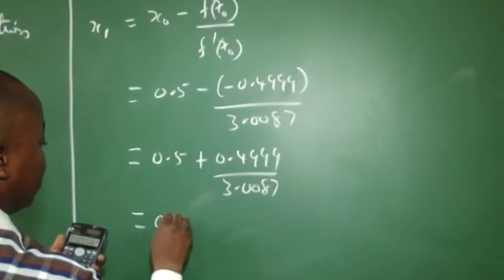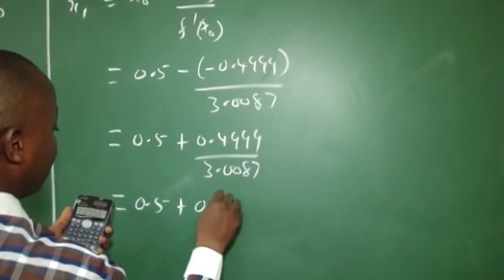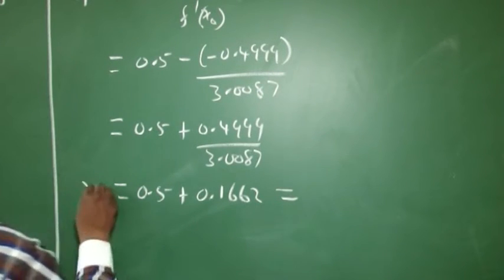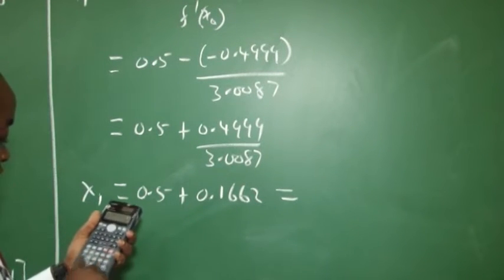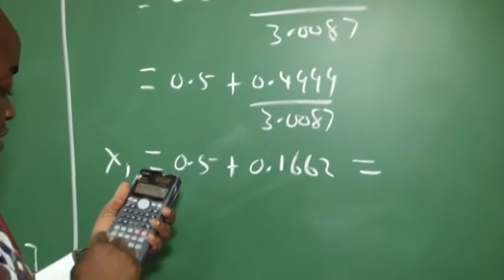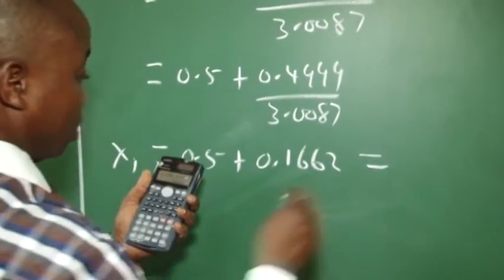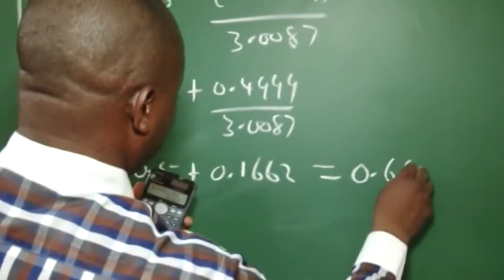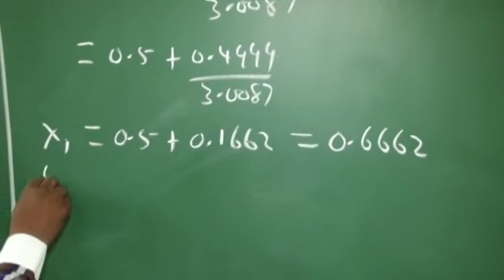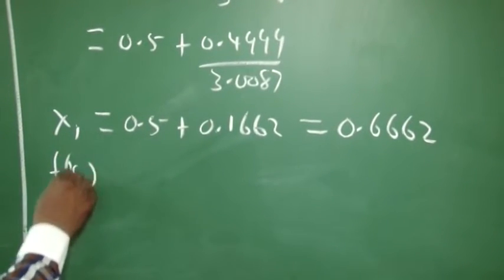We have 0.5 plus 0.1662. So that is x1. If you add this, you have 0.5 plus 0.1662, which is 0.6662. Next, we'll find f of x1.